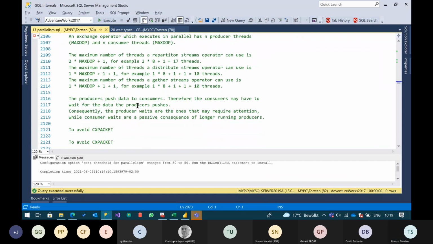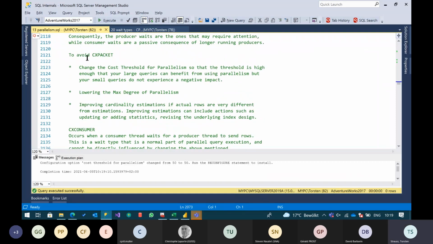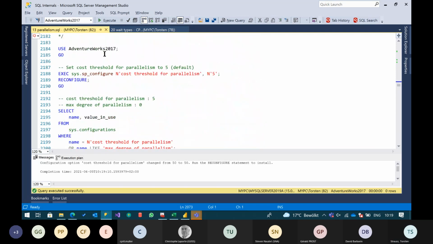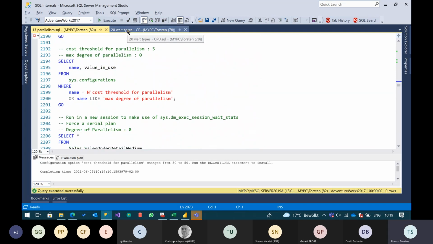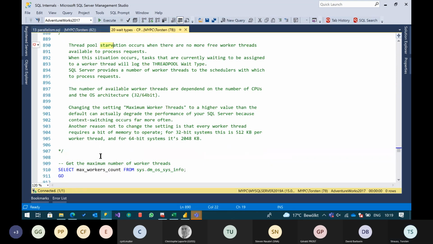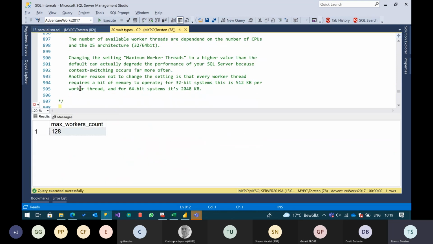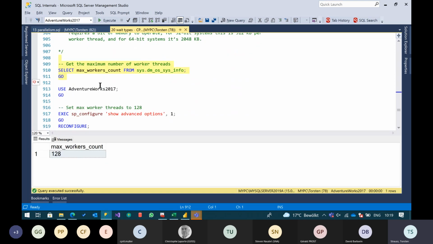So let us again talk a little bit about CXPacket. I will give you an example. Maybe we can start with an example here. So the server has a so-called maximum worker count, and the maximum worker count will tell SQL Server how many worker threads are available.